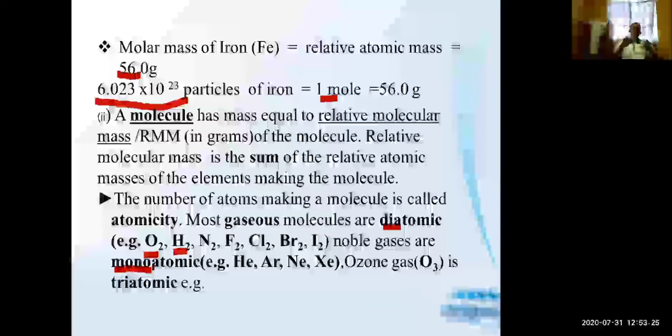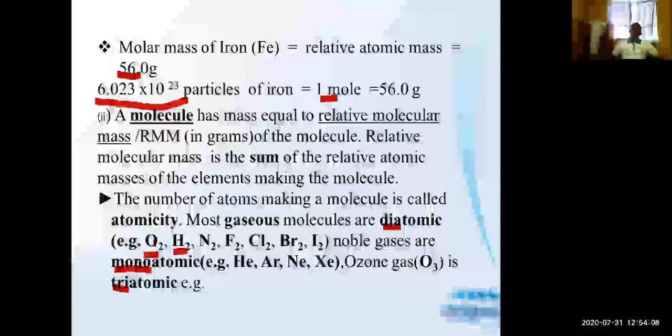For example, we have helium, argon, neon, and xenon. Then we have ozone gas, which has three atoms of oxygen, giving us triatomic. Tri means three. So mono means one, di means two, tri means three, and tetra means four. Otherwise, let us proceed.